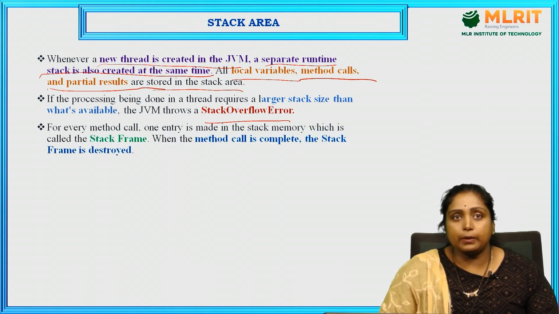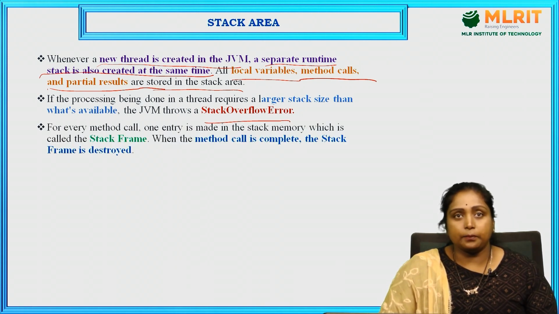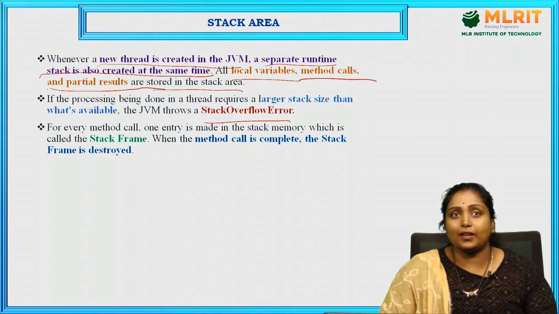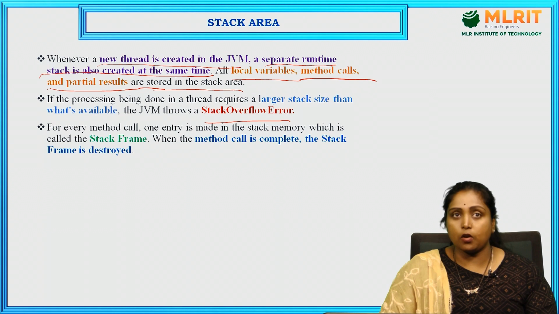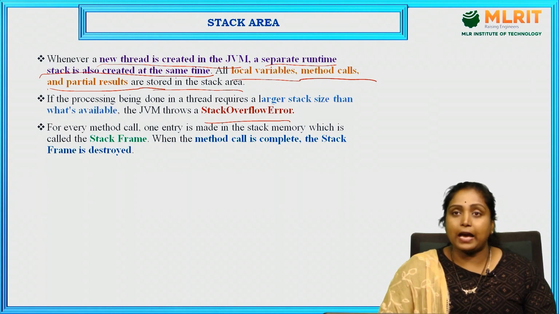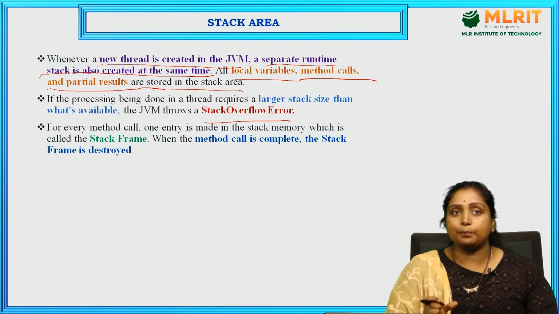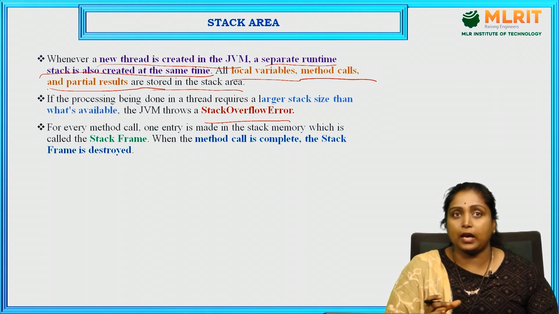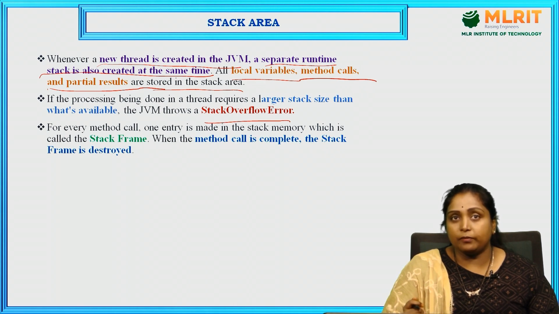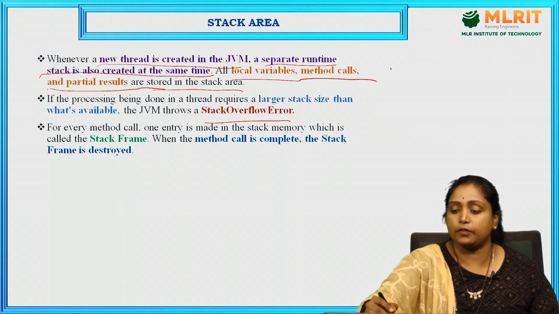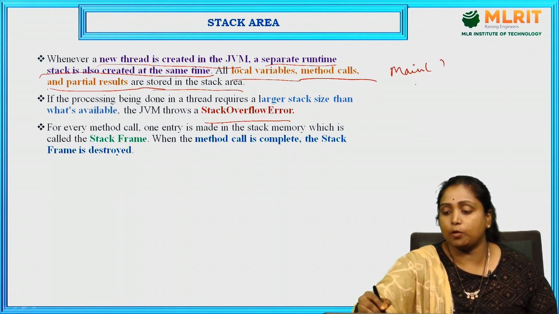For every method call, one entry is made in stack memory, which is called a stack frame. Whenever you are calling a method, that would be saved in some separate memory. That particular memory is known as a stack frame. For example, in the main method I am calling some function.